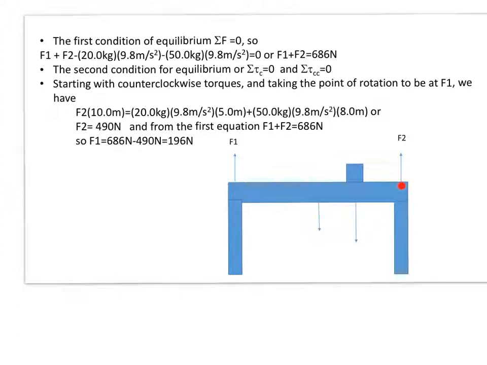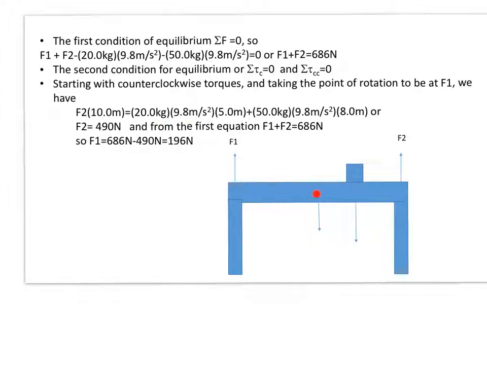Okay, so if this was the point of rotation, F2 would cause the system to rotate counterclockwise. So we can say that F2 times this distance, 10 meters, okay? Now these two forces would cause the system to rotate clockwise. So they would be 20 kilograms, the weight of the beam, times 9.8.